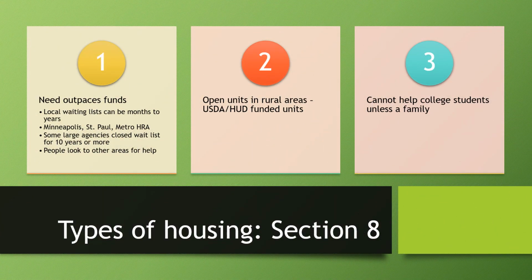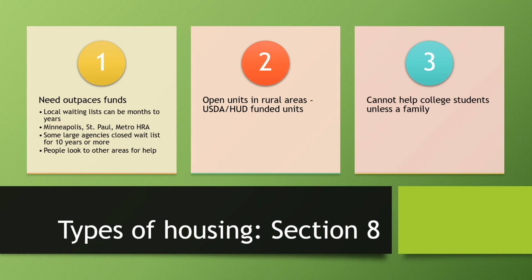Some things to know. The need outpaces the funds. Local waiting lists can be months to years. In some cases, it can be up to 4 years even within the state of North Dakota. There are some housing authorities in the state of North Dakota that still have their waiting list closed, or open them just for a little bit and close them because of the amount of applications that they receive outpacing the funds.